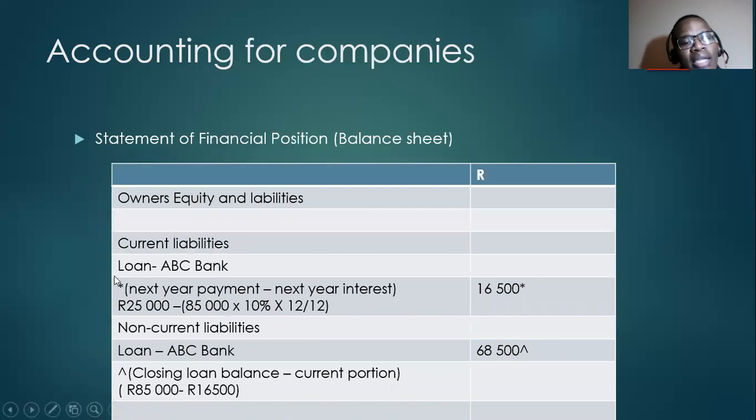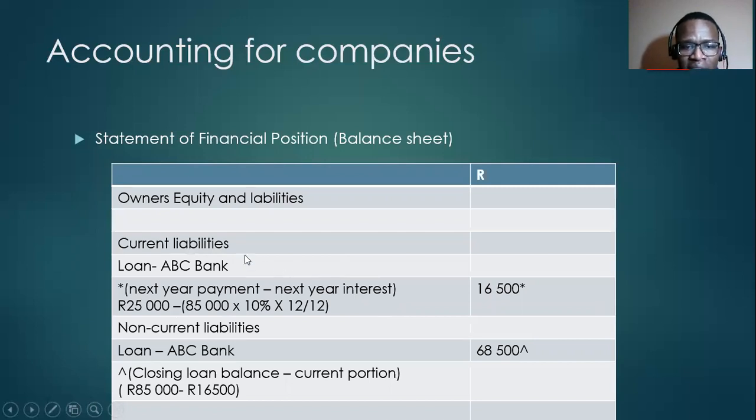And remember, we say under your owner's equity and liabilities, you'll have current liabilities. Current liabilities are those that are going to be paid in the next 12 months from the year end, right? Then we said, from the example, loan payments are 25,000 each year. Then it means this 25,000 is the capital amount plus interest, but it's going to be made in the next year, right?